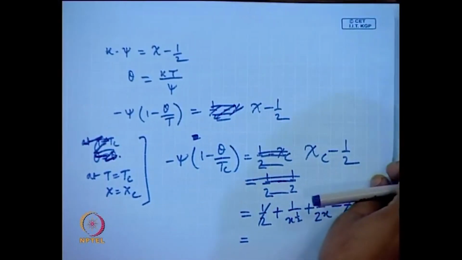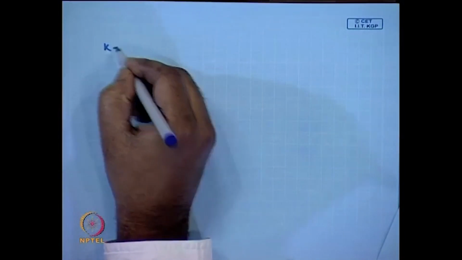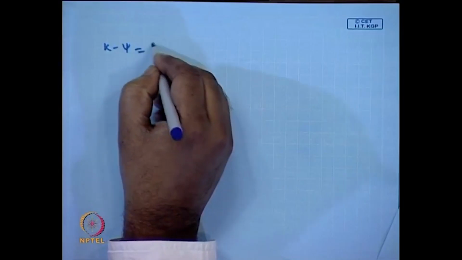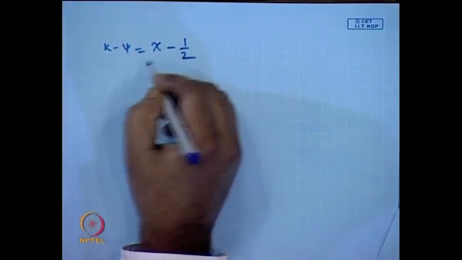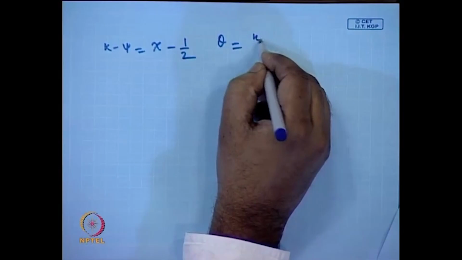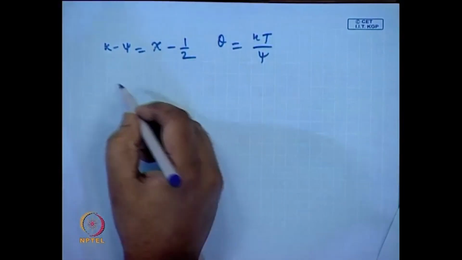Let me do it again because of some confusion. So, kappa minus psi we know sub theta is T by psi.